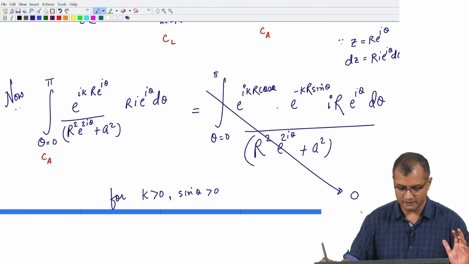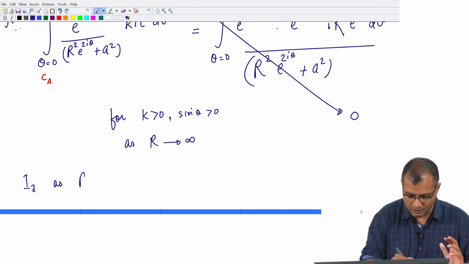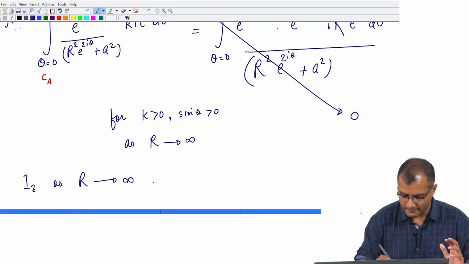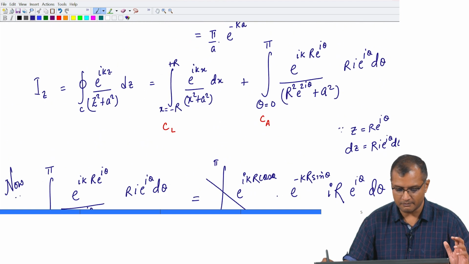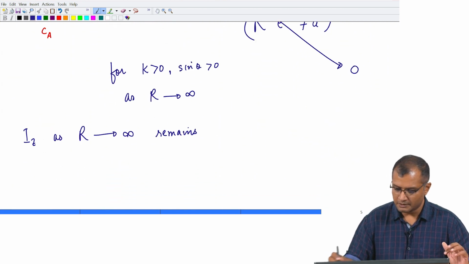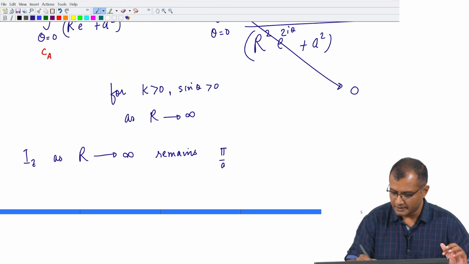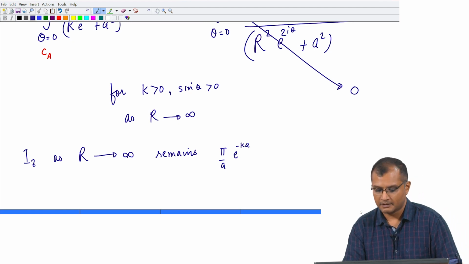So, the integral I z as r goes to infinity remains the same. So, it remains pi by a e to the power minus k a, okay.